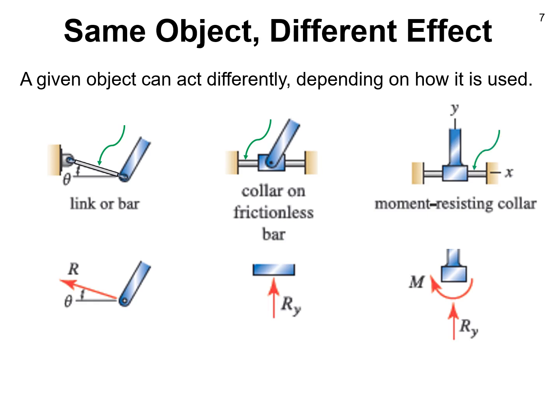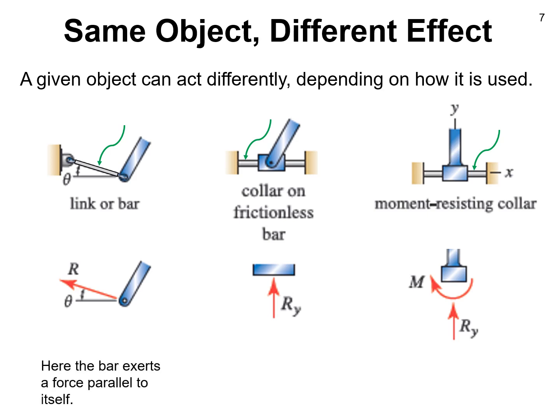It also appears in the third category, but it's being used differently. In the first case, that link causes a force parallel to itself, whereas in the second case, that bar causes a force normal to itself, and in the third case, that bar can cause both a normal force and a reaction torque.